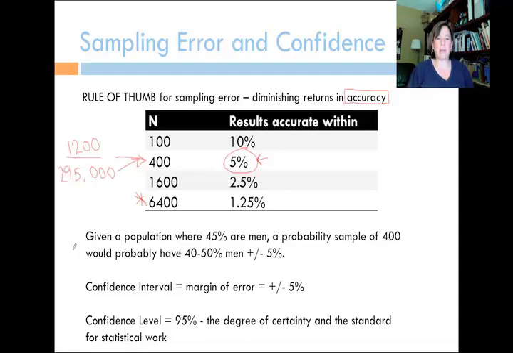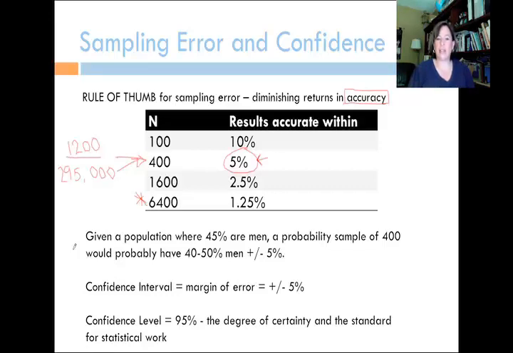Given a population where we have about 45% men, if we had a sample size of 400, then we can know that the sample will have about 40 to 50% men, plus or minus 5%. That's what that 5% tells us.